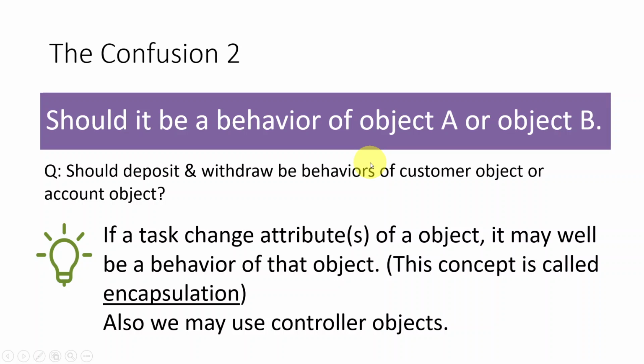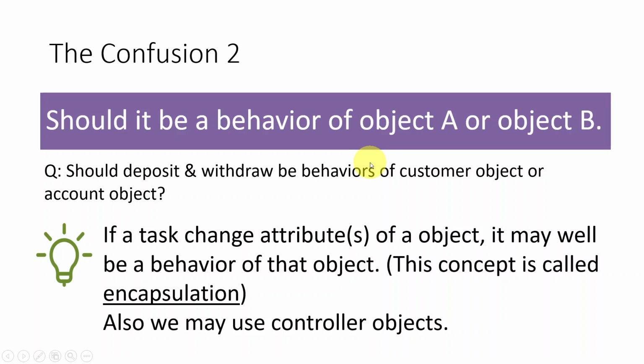At first you may feel like the deposit is done by the customer, so it must be a behavior of the customer. But when it comes to object-oriented development, we consider that deposit is a behavior of the account object or account class.